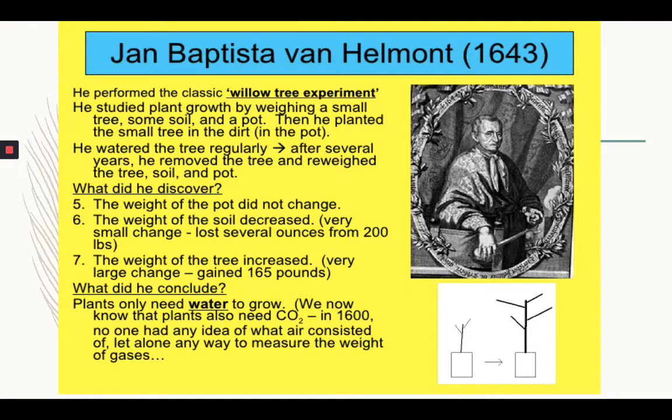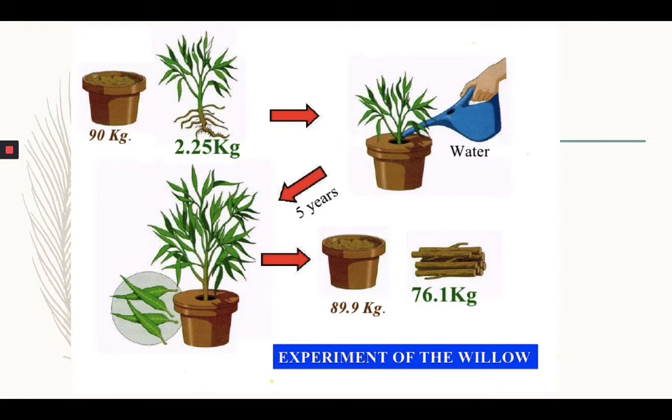And what did he conclude? Plants only need water to grow. But at that time he didn't know about the photosynthesis process. In his experiment, he took 90 kilograms of soil in a pot and a 2.25 kilogram willow tree. During 5 years, he only watered that plant.